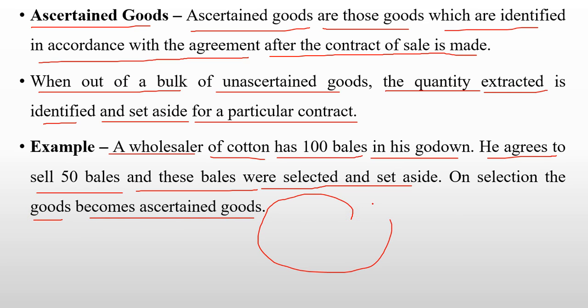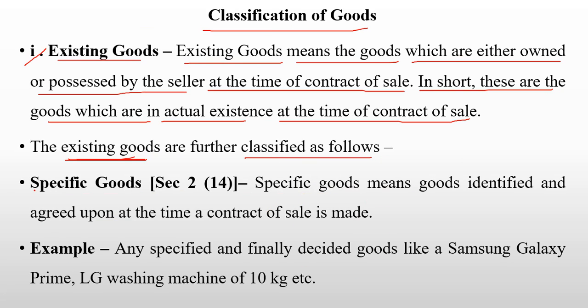This means that from one bulk you select one particular good, and that is called certain goods. Next we'll go to specific goods. Specific goods means goods identified and agreed upon at the time the contract of sale is made.